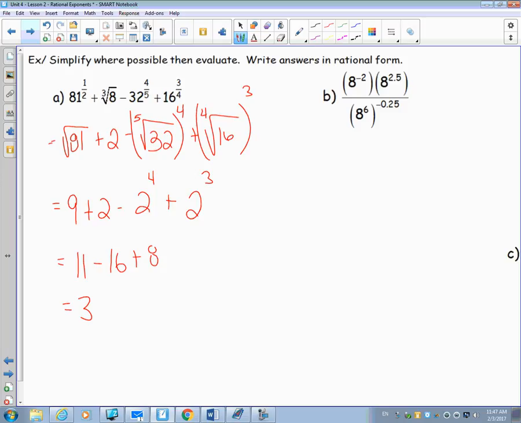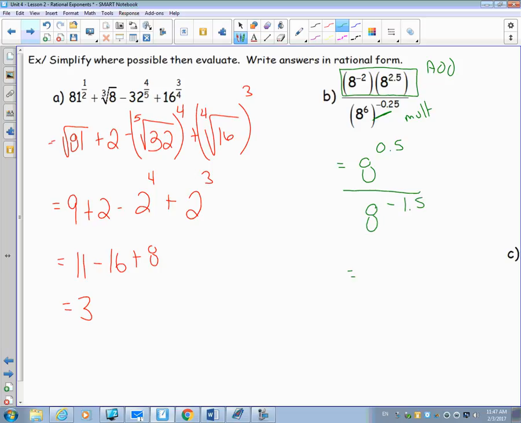Okay, we try B. I can apply exponent rules. On the top, I see bases are the same and they're multiplying, so I can add those exponents. That'll give me 8 to the positive 0.5. On the bottom, I see a power to a power. I should multiply those exponents. 6 times negative 0.25 gives me a negative 1.5.